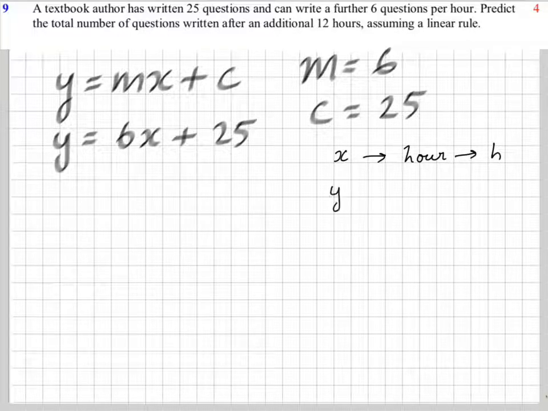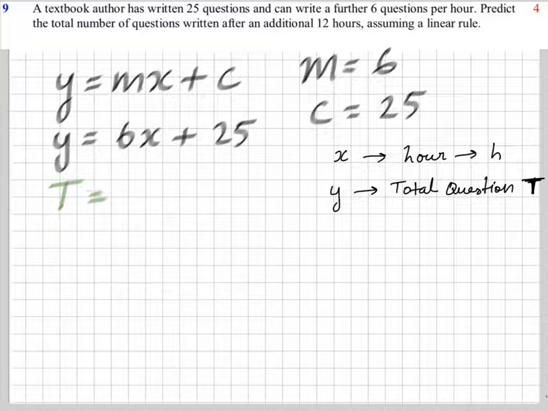And our y is total questions, so t. If I rephrase that, in green, we have t is equal to 6h plus 25. Now we've put together the rule.